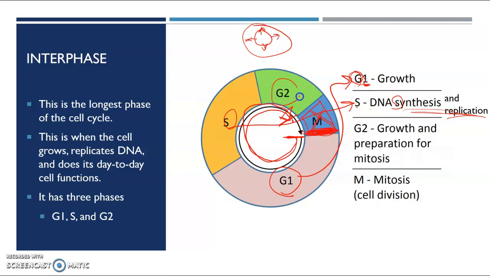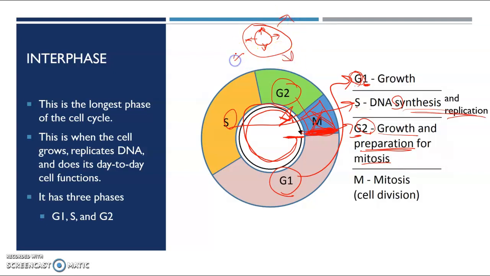Then we have the G2 phase. Like G1, G stands for growth, and 2 stands for second. This is the second growth phase. Here we're growing again, but we're growing in order to prepare for mitosis. So the cell is going to have to get bigger.